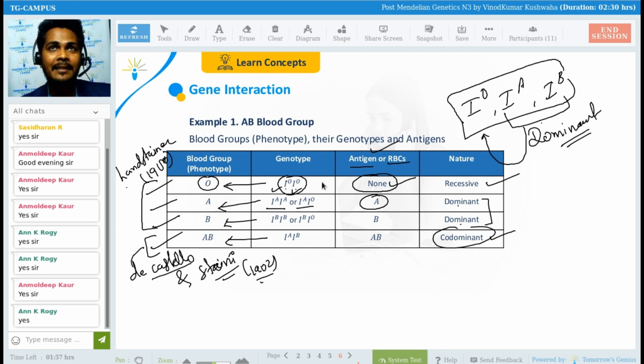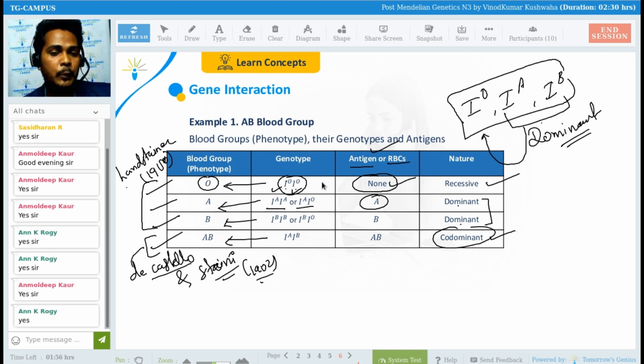Here a total of three alleles are together, and that's why it is the best example of multiple alleles. So keep in mind that the ABO blood group is an example of both multiple alleles and co-dominance, right? This example is suitable for both.